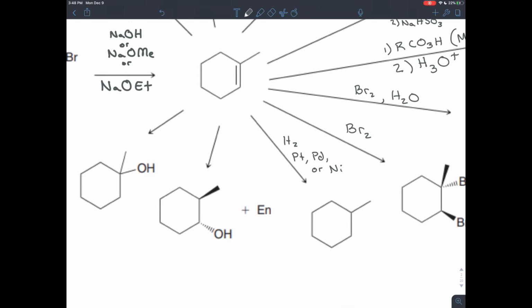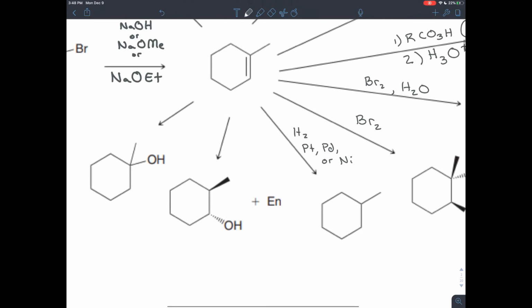Now here, what we're doing is we are adding an OH. That should be clear enough. But what we're also adding is an H. If you notice, again, there's no hydrogen on this carbon, but there is a hydrogen here. And if you draw it in, notice that this carbon is tetrahedral, so it should have two bonds in the plane, one coming out and one going away.